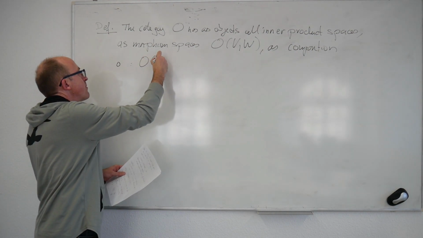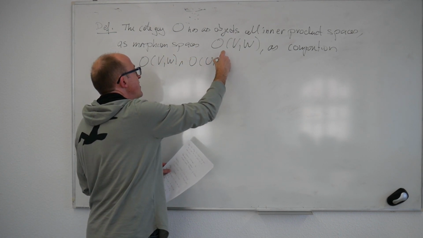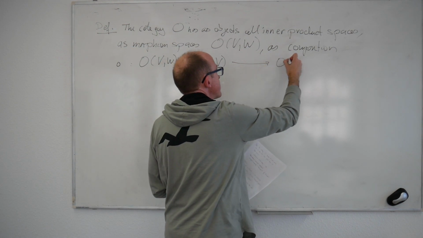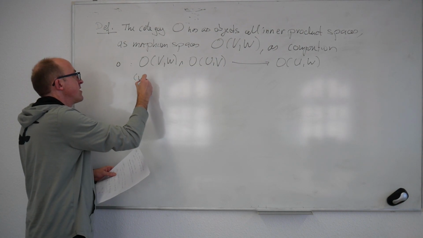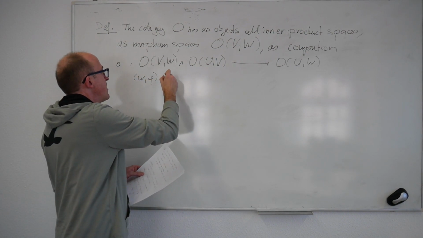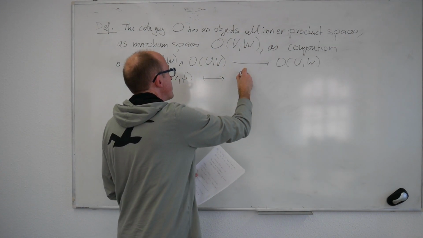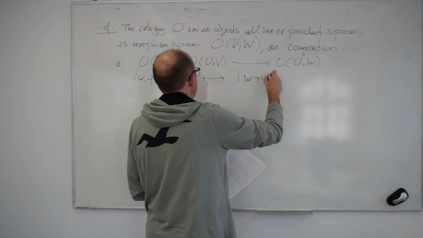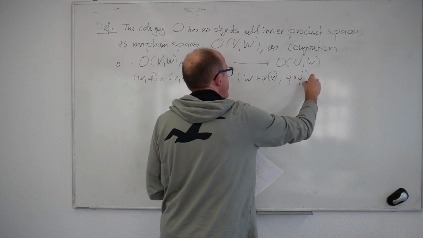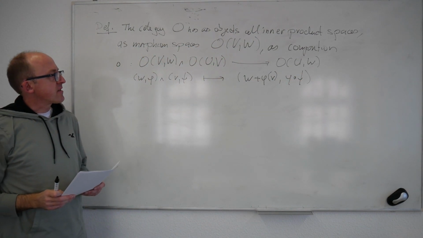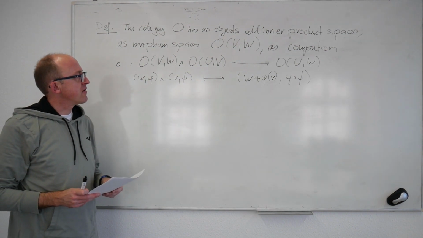So composition will be a map from O(V,W) smash O(U,V), where U, V and W are inner product spaces, to O(U,W), and things have been set up so this is given by an extremely natural formula. (w, φ) smash (v, ψ) is mapped to (w + φ(v), φ composed with ψ), and you can easily check that this is associative. It has a unit, namely the point 0, identity of V.